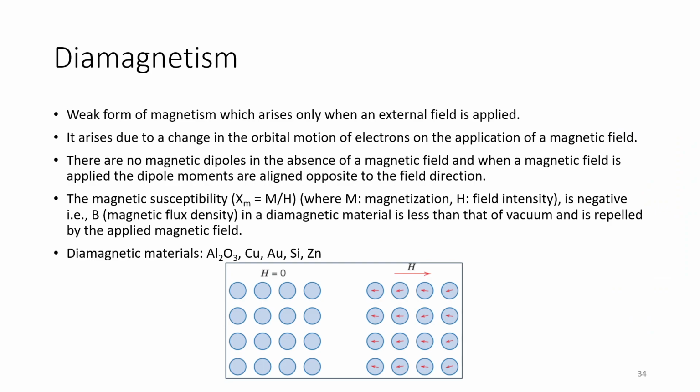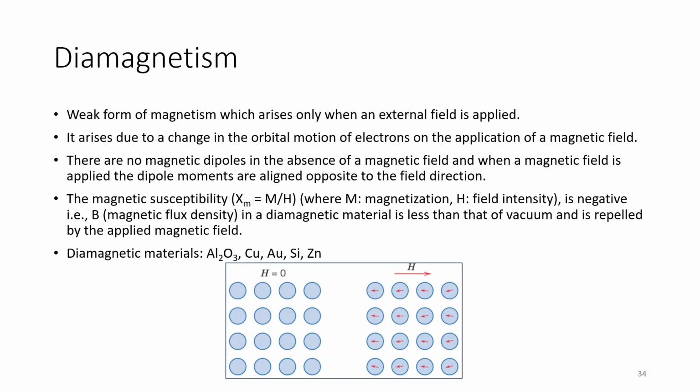Next we have diamagnetism. It is a weak form of magnetism which arises only when an external field is applied, due to a change in the orbital motion of electrons on the application of a magnetic field. There are no magnetic dipoles in the absence of a magnetic field, and when a field is applied the dipole moments are aligned opposite to the field direction.